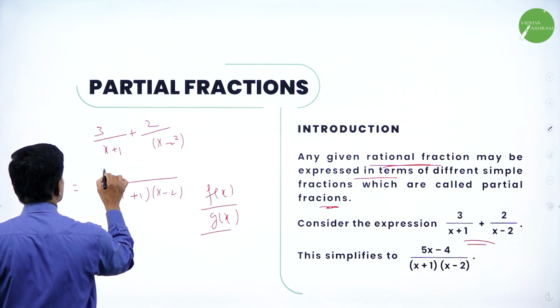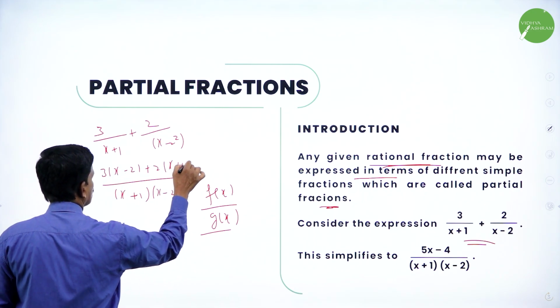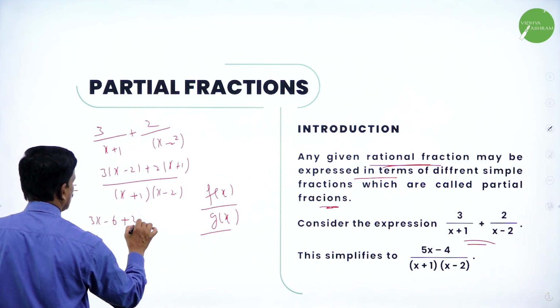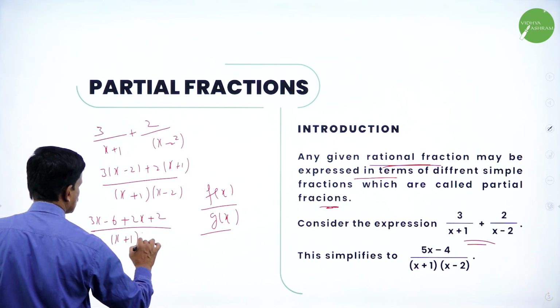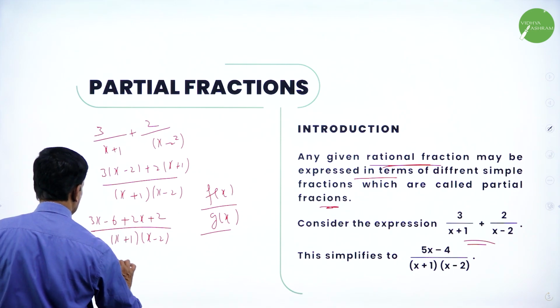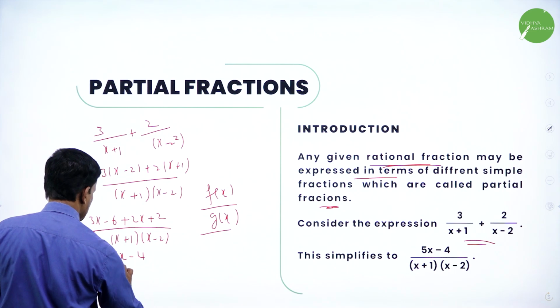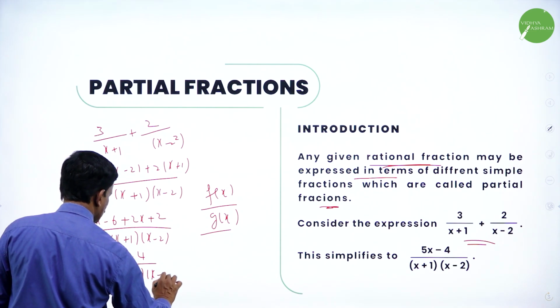Cross multiplying, 3 into x minus 2 plus 2 into x plus 1. This is 3x minus 6 plus 2x plus 2 divided by the same denominator, x plus 1 into x minus 2. This can be written as 3x plus 2x is 5x, minus 6 plus 2 is minus 4, divided by x plus 1 into x minus 2.